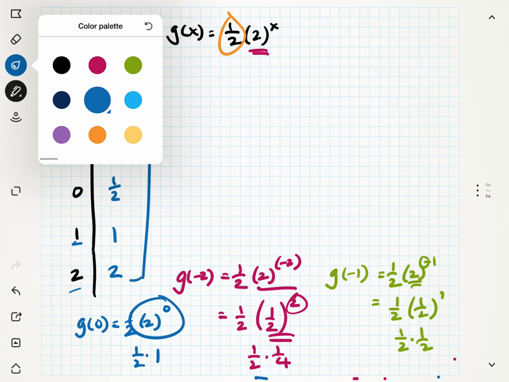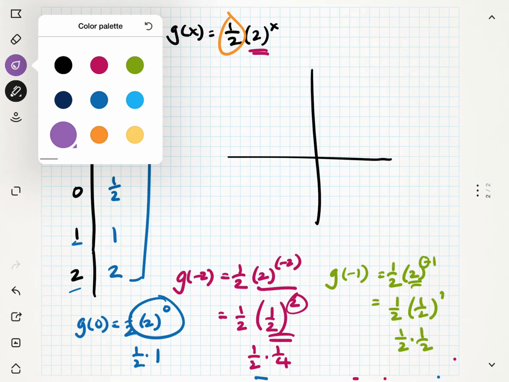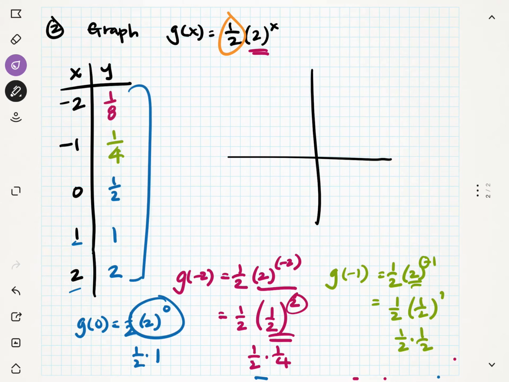We go ahead and plot those out. -2, 1/8, that's pretty close to the line. -1, 1/4, that's a little higher. 0, 1/2, that's a little bit higher. 1, 1, that's a little bit higher.